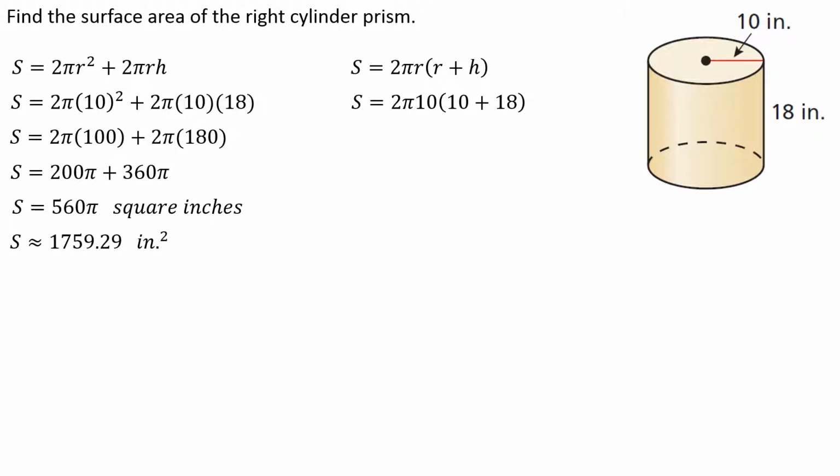Every time I see h, I substitute 18. 10 plus 18, of course, is 28. 28 times 10, well, that's 280. So I've got 2 times pi times 280, so I better do 2 times 280. Hey, 560 pi square inches. Of course, it's got to be the exact same answer.